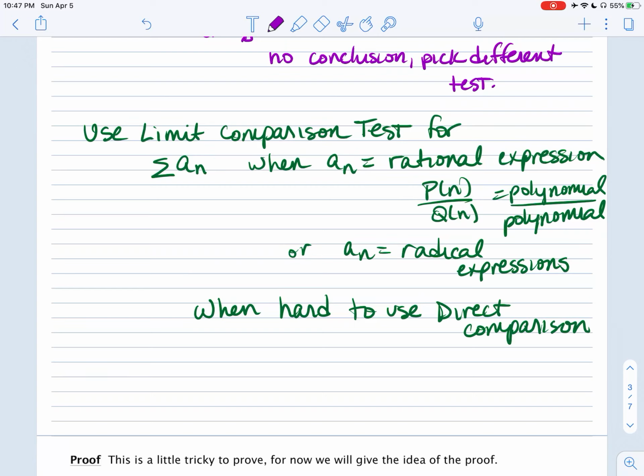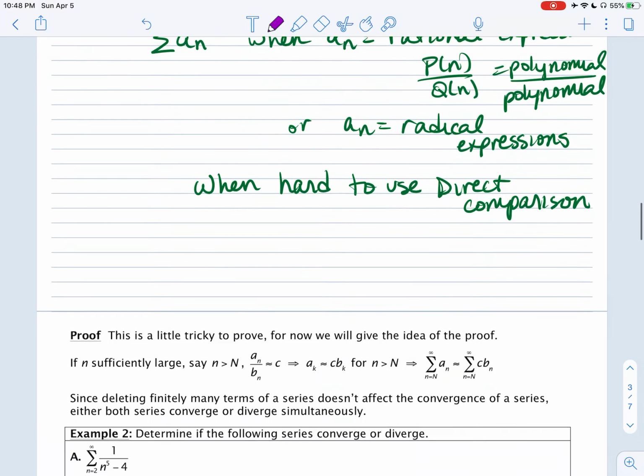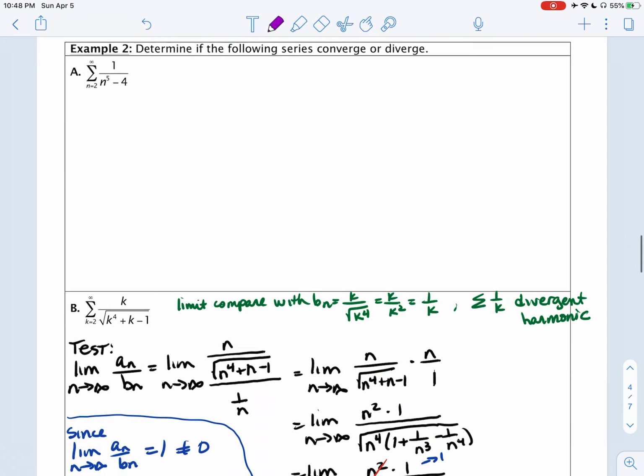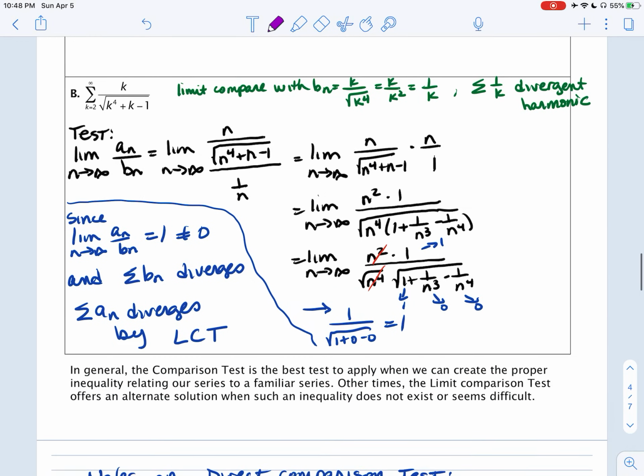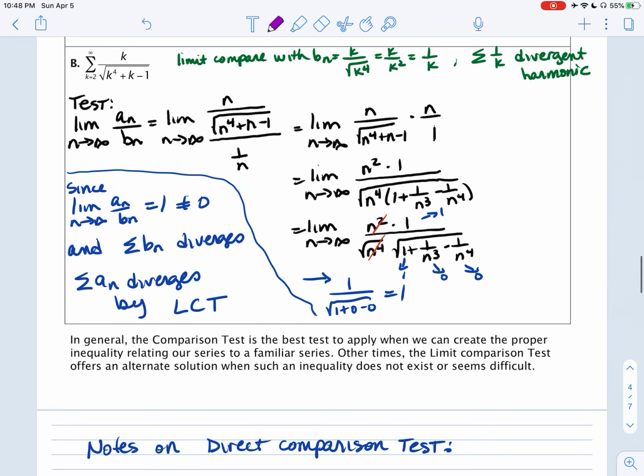Am I going to use comparison tests? So you want to use the comparison test when you have a rational expression or a radical expression, as I mentioned, and when it's pretty much hard to do the direct comparison, because sometimes direct comparison is the easier way to go. Good. So let's go over this one, and maybe we can use the one earlier in class.